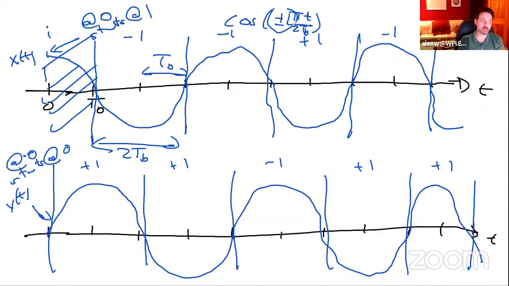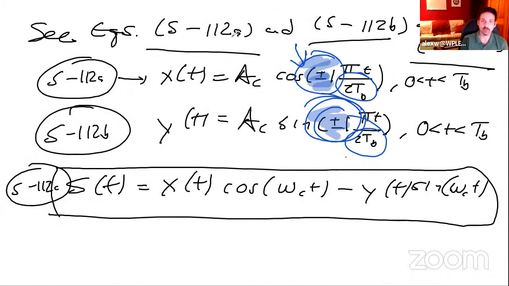If we apply this definition, 112A, 112B, 112C, we embed in it this plus 1, minus 1 stuff.